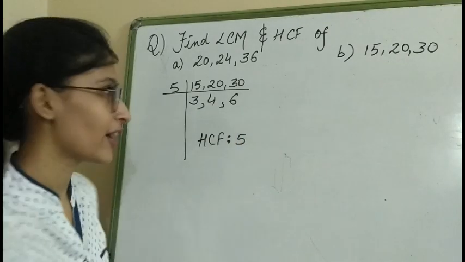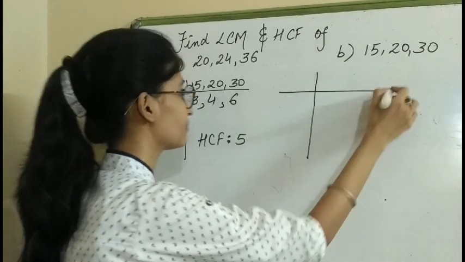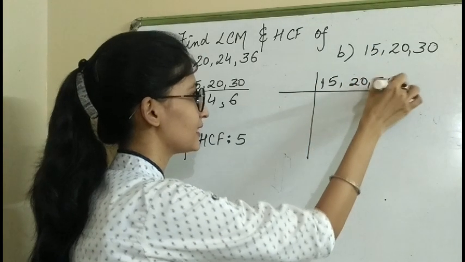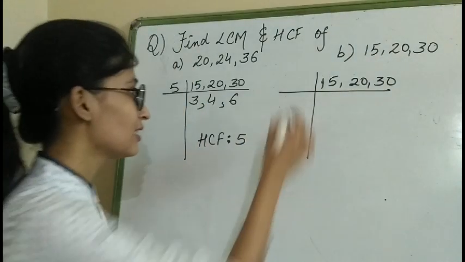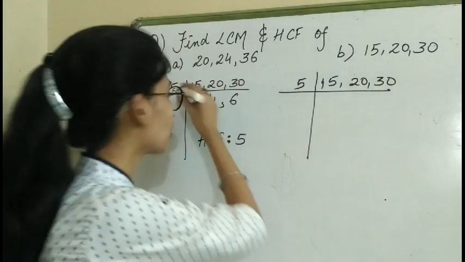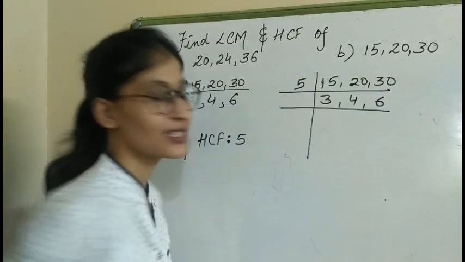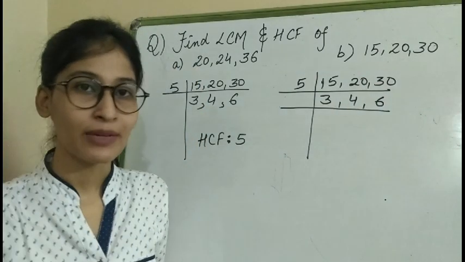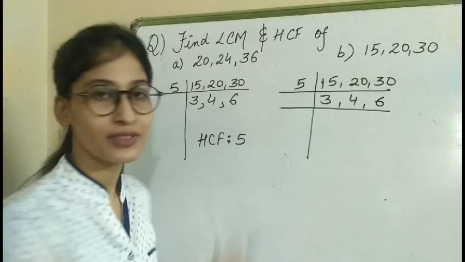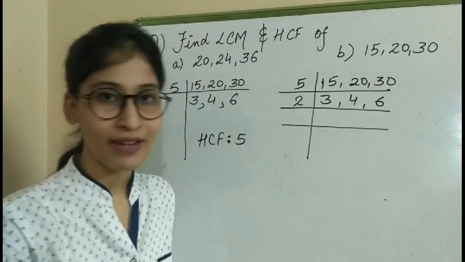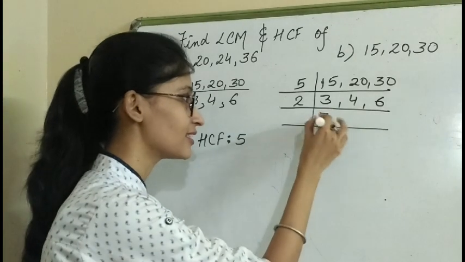Next, when we are going to find the LCM of 15, 20 and 30, first copy 5 as it is, 3, 4 and 6. Then write the prime number which can divide any one of the 3. So 2, 3 cannot be divided by 2, so write 3 as it is.